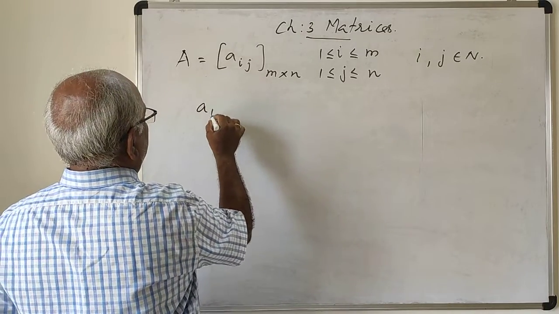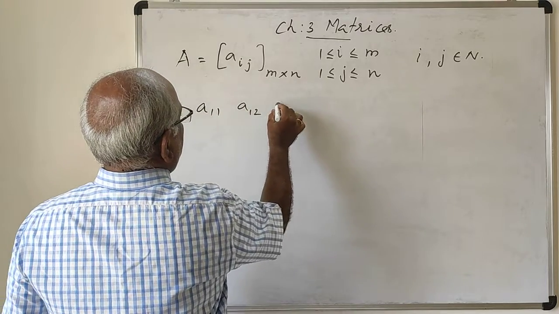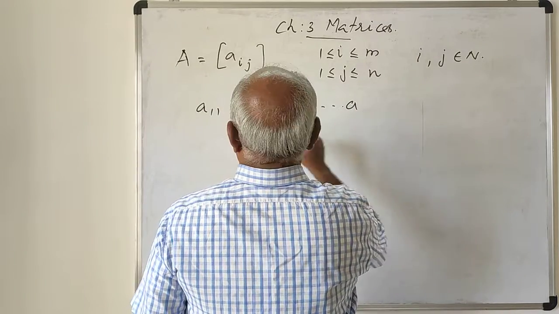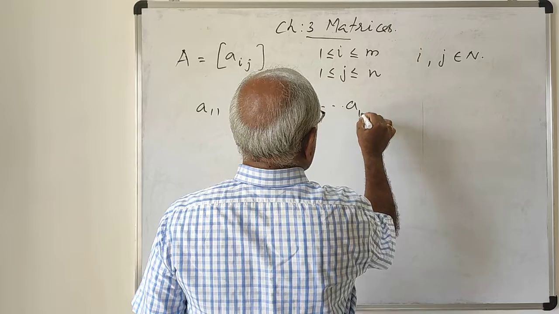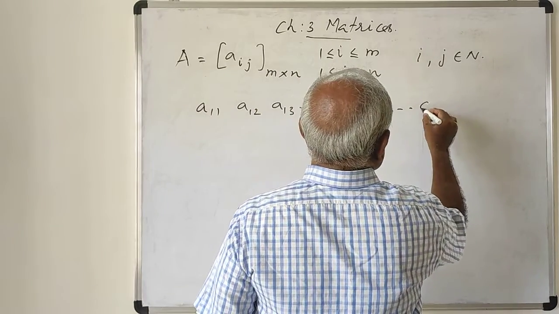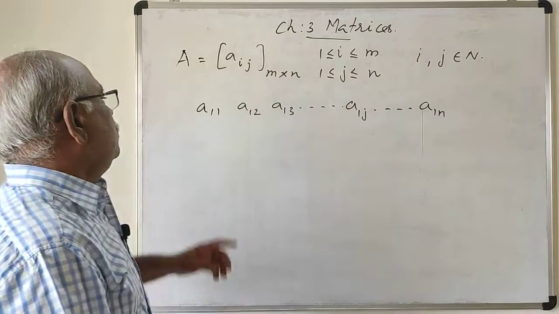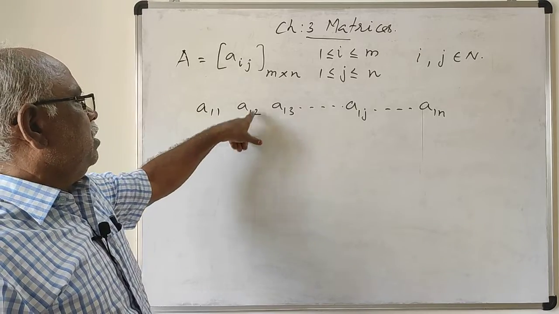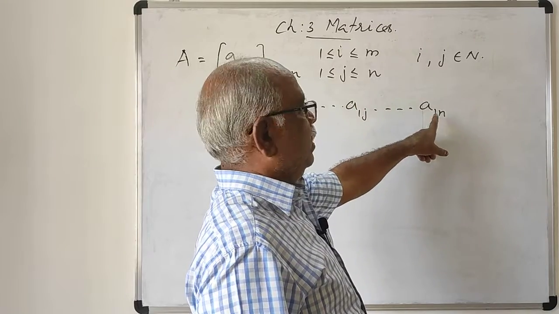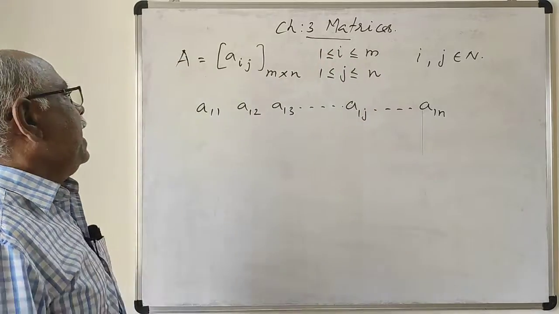I can write A11, first row, first column, A12, A13, then first row, jth column, A1j, and finally first row, nth column, A1n. n is the number of columns the matrix A has.